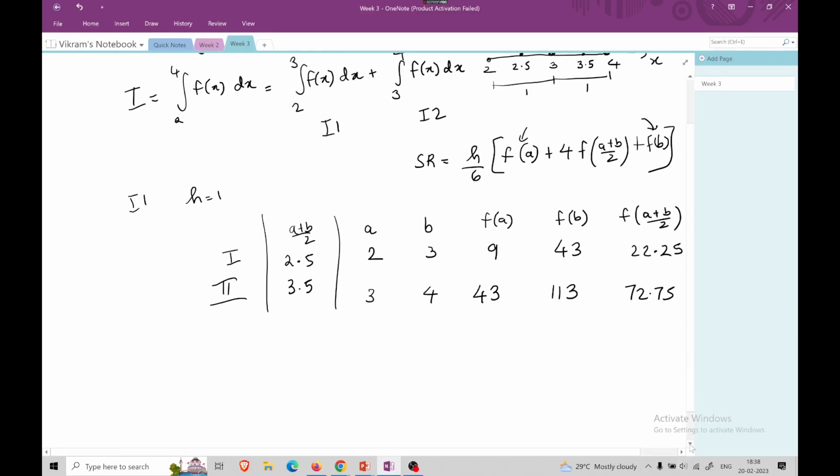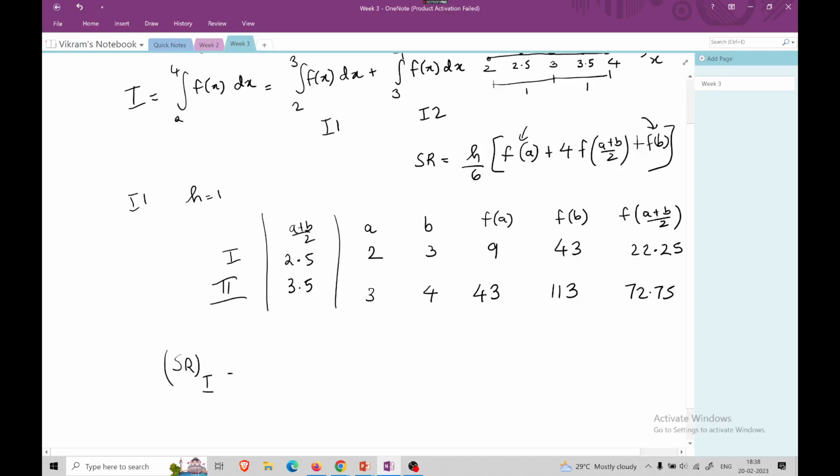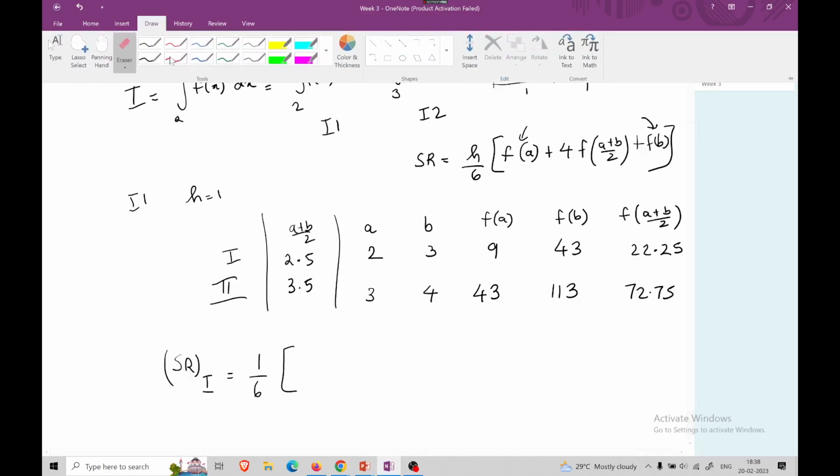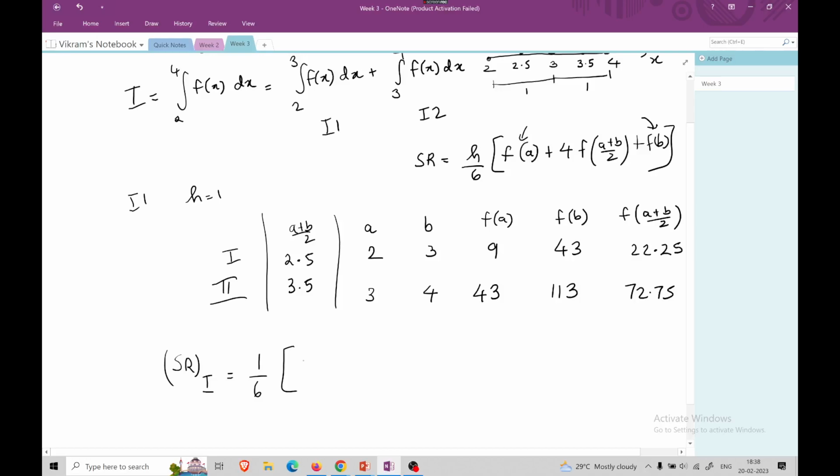Now I just have to apply Simpson's rule for each. So for the first element, h by 6, which is 1 by 6, because h is equal to 1. I'll write the formula itself: f of a plus 4 times f of (a plus b) by 2 plus f of b.